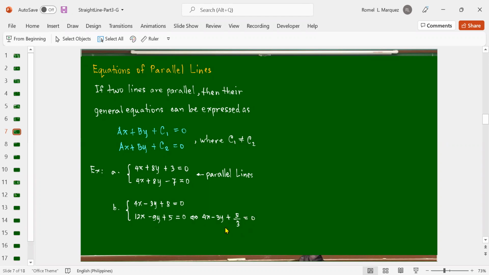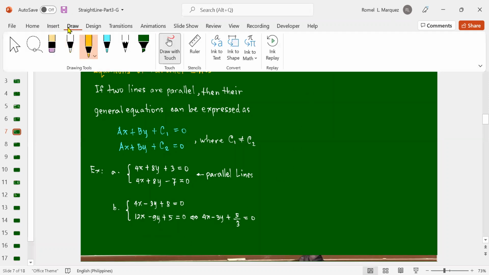Or if you want, you can multiply the first one by 3 to come up with the same coefficients for x and for y respectively. Okay, guys? So notice that here, negative 3, negative 3. The constant 8, then here 5 over 2. They differ only in their constants. Clear, guys? What about equations of perpendicular lines?